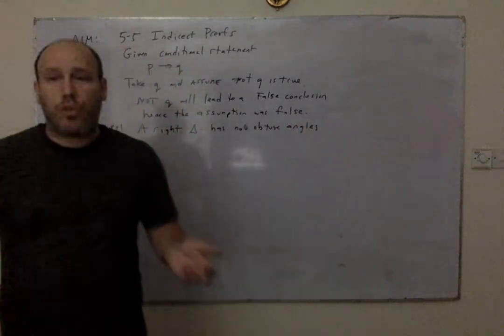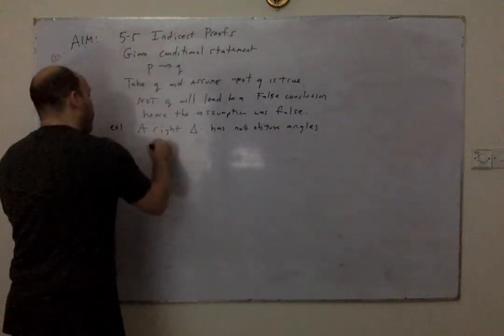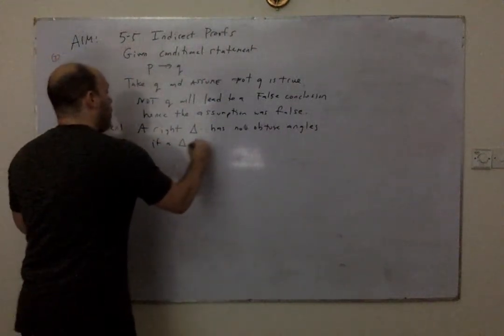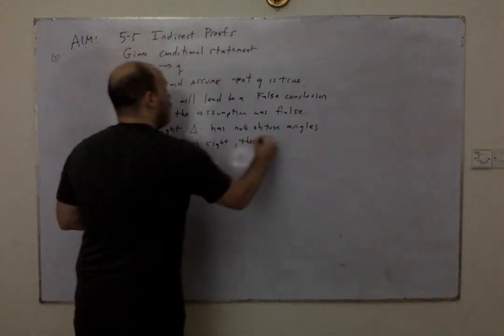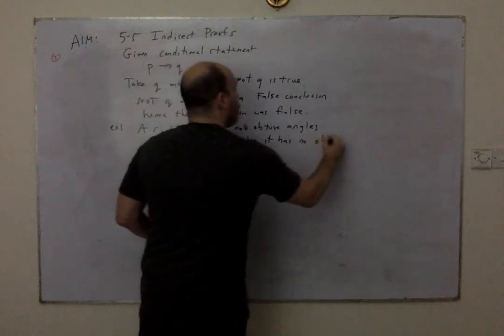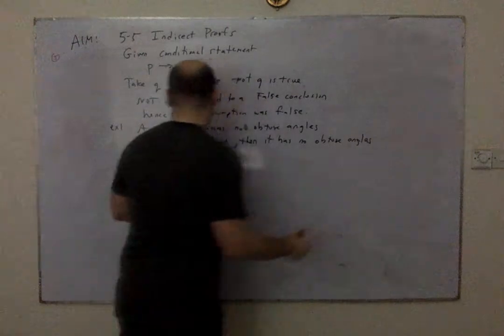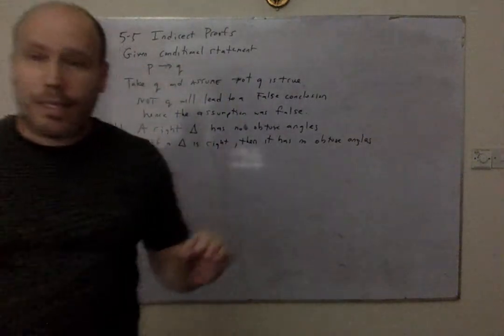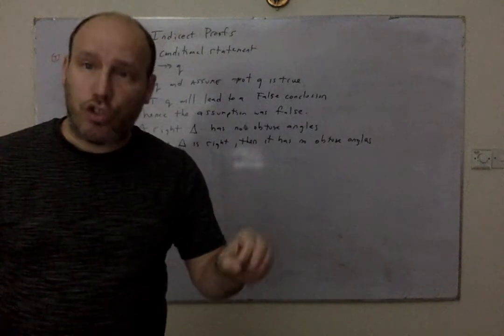Now, the first thing you would do is write this as a conditional. So you'd say, if a triangle is right, then it has no obtuse angles. That's the first step. The second step is assume the negation of the conclusion is true.